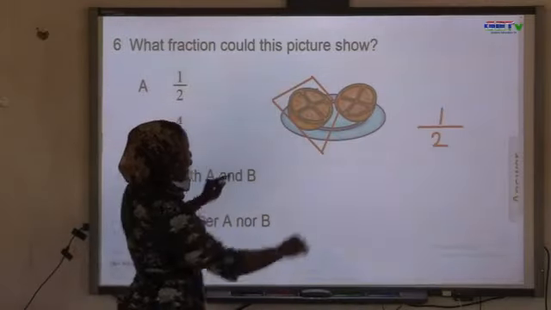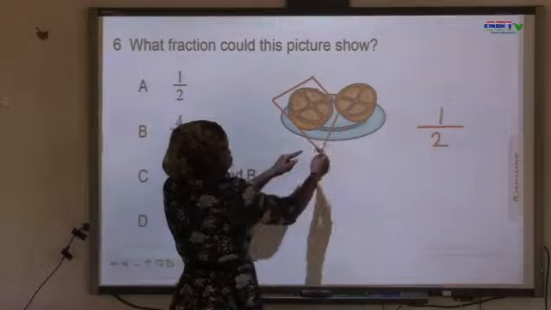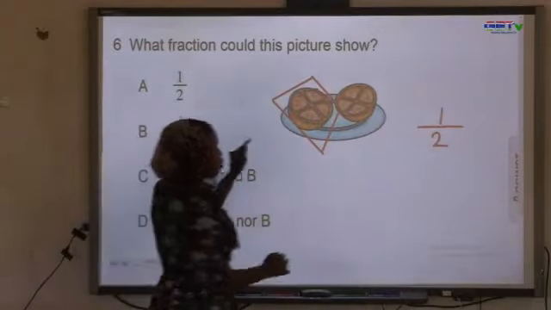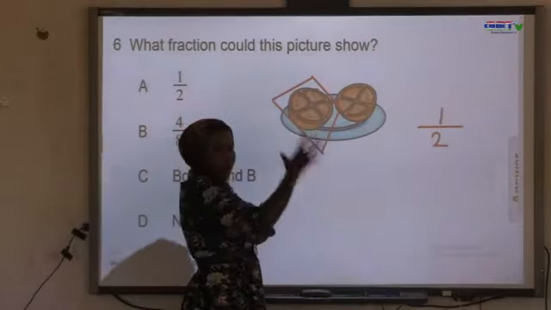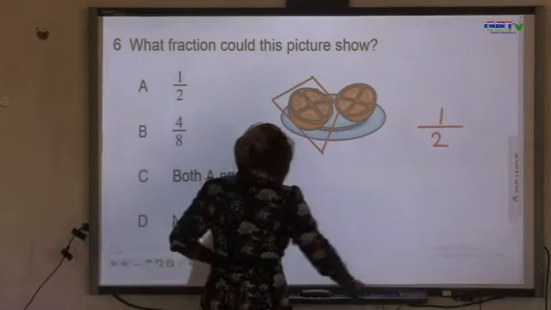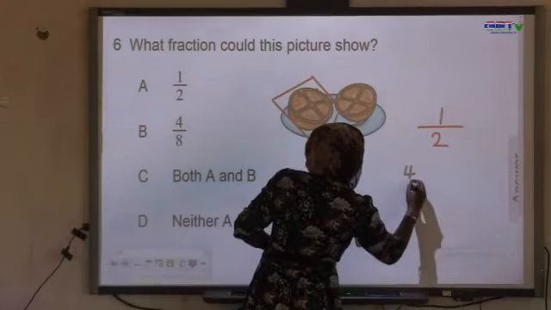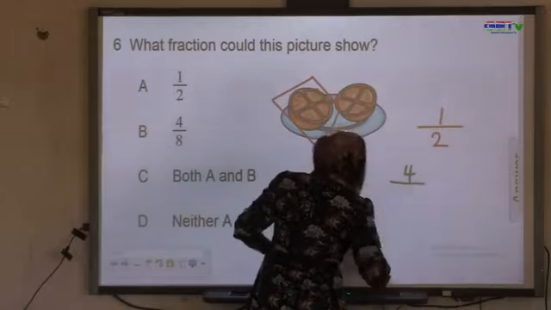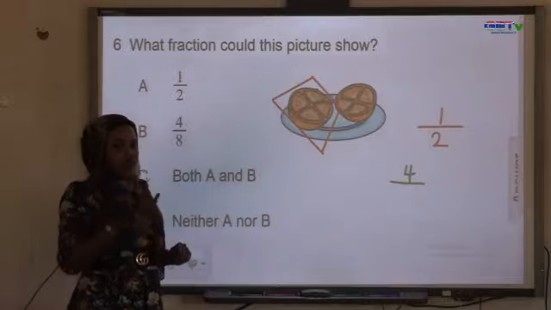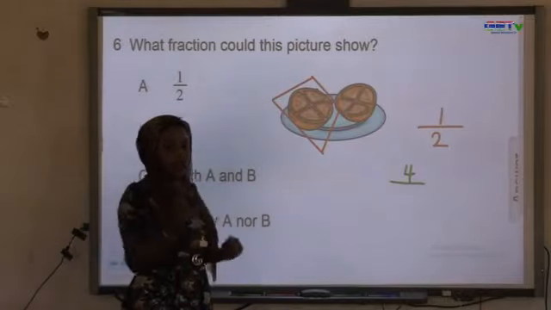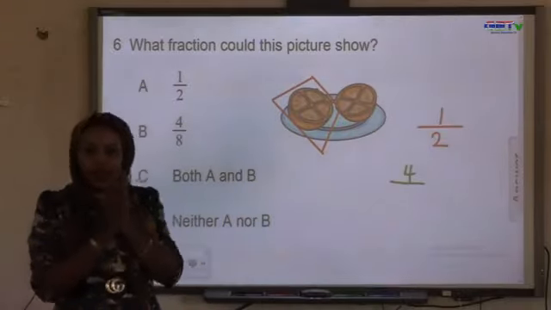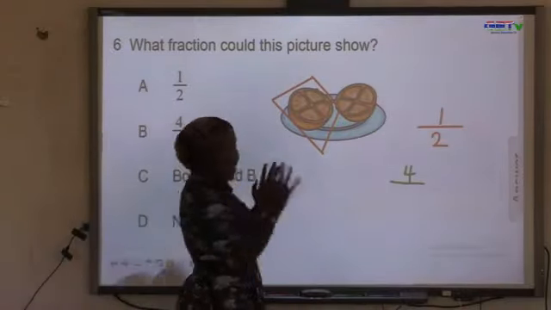Again, if you look at the half that is in the box, it is divided into how many parts? We said 4 parts. That is 1, 2, 3, 4. So it's going to be 4 all over. What is the total number of parts that we have? It is 8. That is the 2 halves. If you put the parts together, it is going to give us 8 parts.